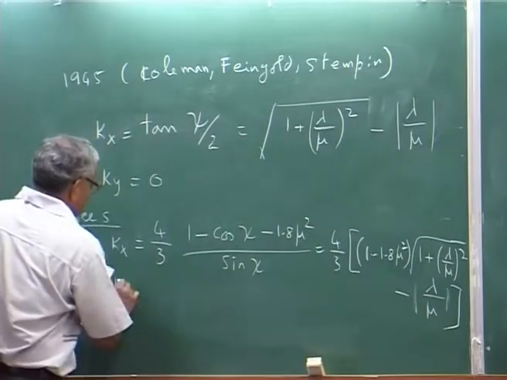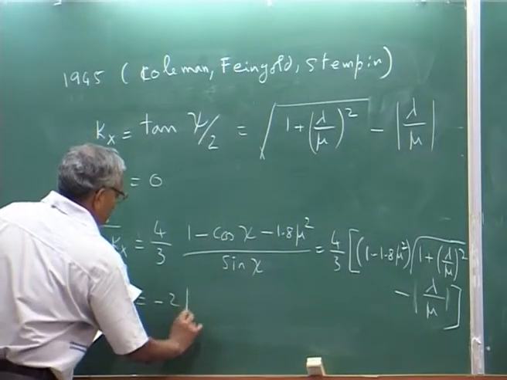And then ky, he also gave ky which is minus 2 mu.